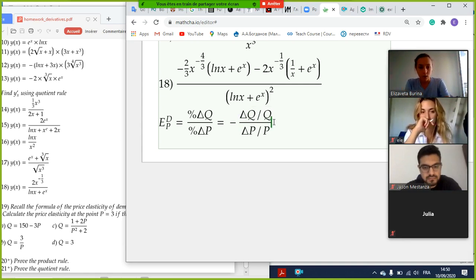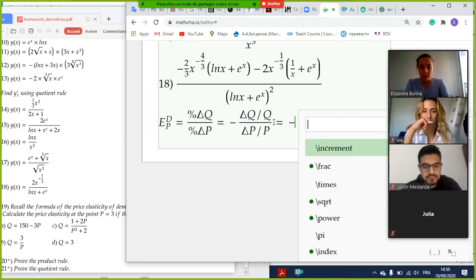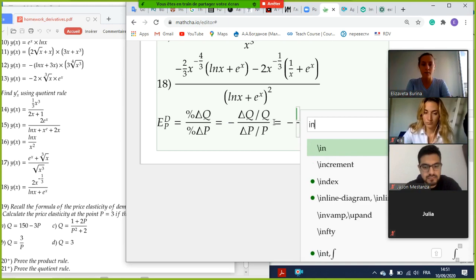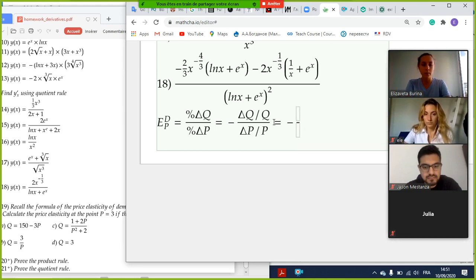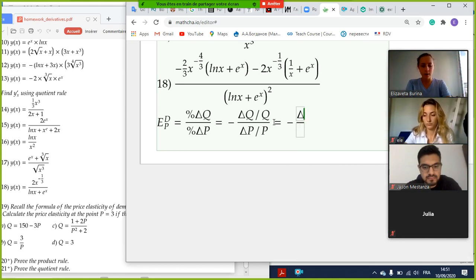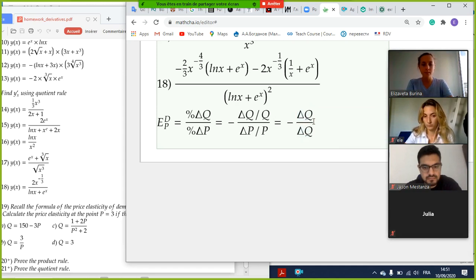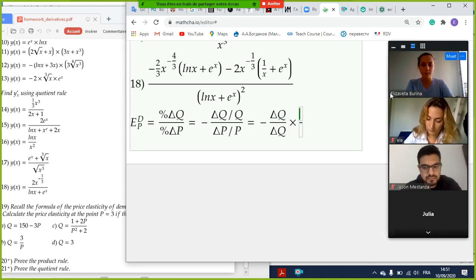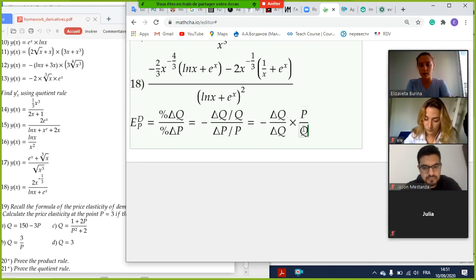So we can also rewrite it as delta Q over delta P times another fraction, P over Q. How did that happen?